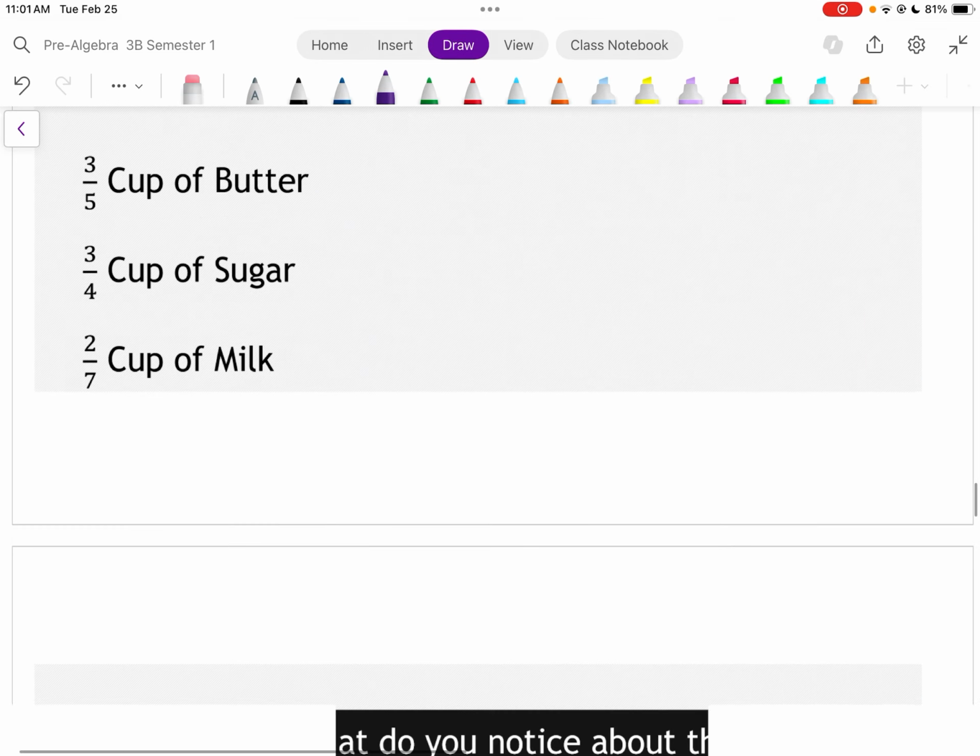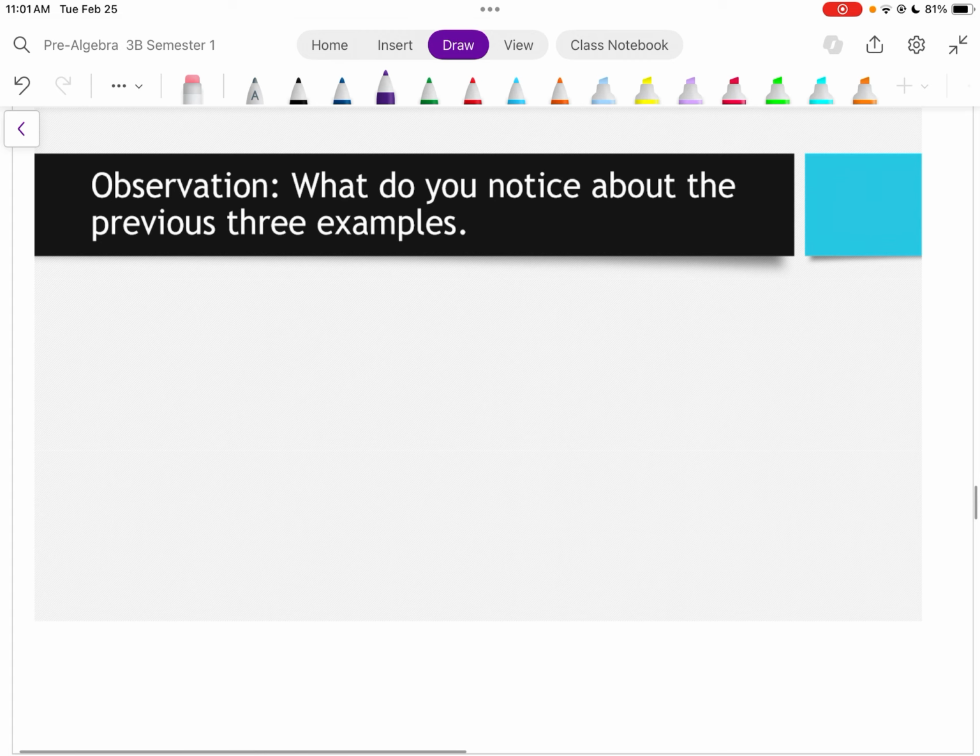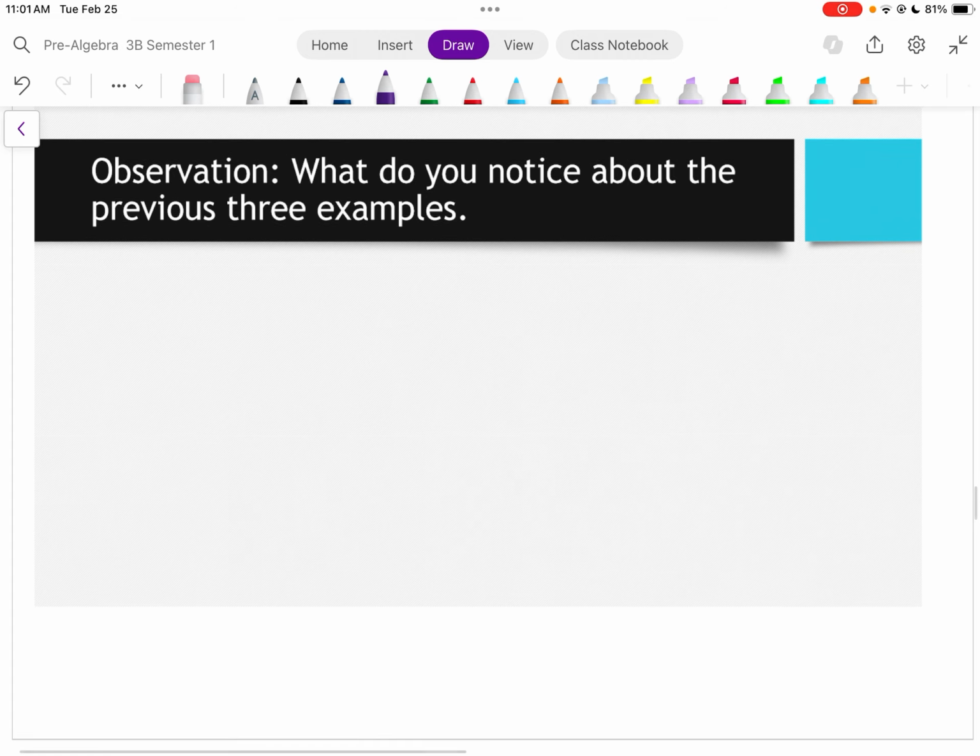All right, so we're going to go ahead and we're going to skip these other word problems. We're going to jump to our observation. What do you notice about the previous 3 examples?